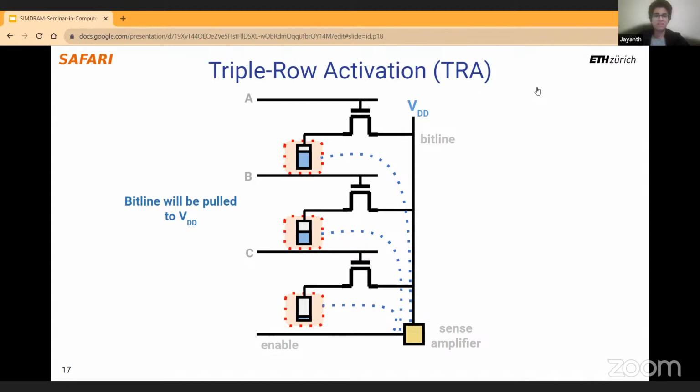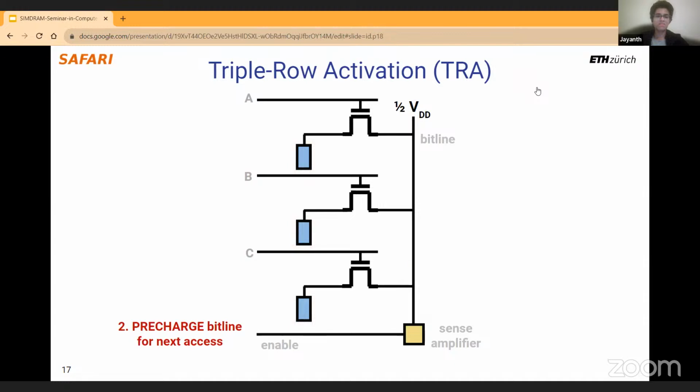When they all charge share with the same bit line, the final deviation in the bit line would sway towards logic high, and this would then be sensed by the sense amplifier and amplified. Now all the 3 rows would be overwritten by logic high. This operation is called the majority operation, because the final output is based on the majority values in all 3 of the rows.